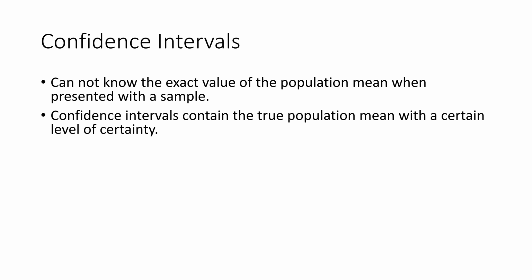You're not going to know what their earnings are. You're not going to know the population mean. What happens is we calculate it from a sample. We take a sample of people in the United States and we calculate that as our average. Now, this does not give us the exact average. It gives us what is known as a confidence interval. We are going to say we are X% confident that our value falls between two numbers.